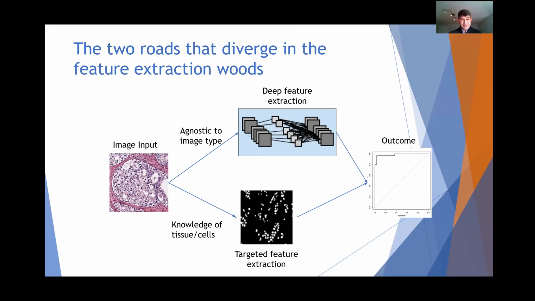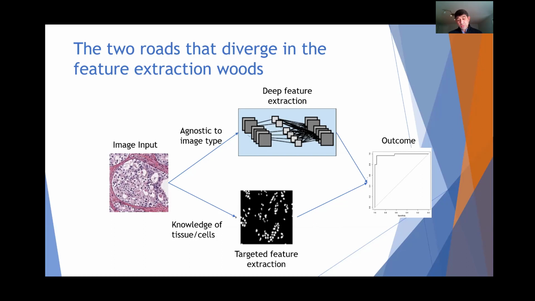The first is the top arrow here, and I'll call that the agnostic type, where you're using an approach that's agnostic to the image and extracting all of the data from that image, without any prior knowledge of what that image is, and using those features then to predict, or test the association with, the outcome that you're interested in.